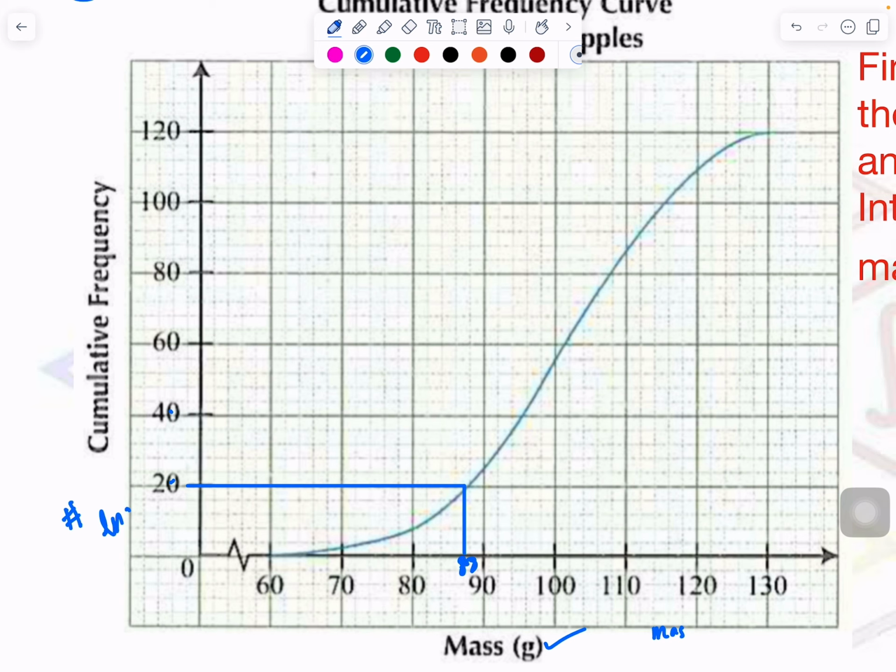So what is the meaning of this? I can say 20 apples have mass less than 88 gram. I'm reading again: 20 apples have mass less than 88 gram. Now if I ask you how many apples have mass less than 100 gram?